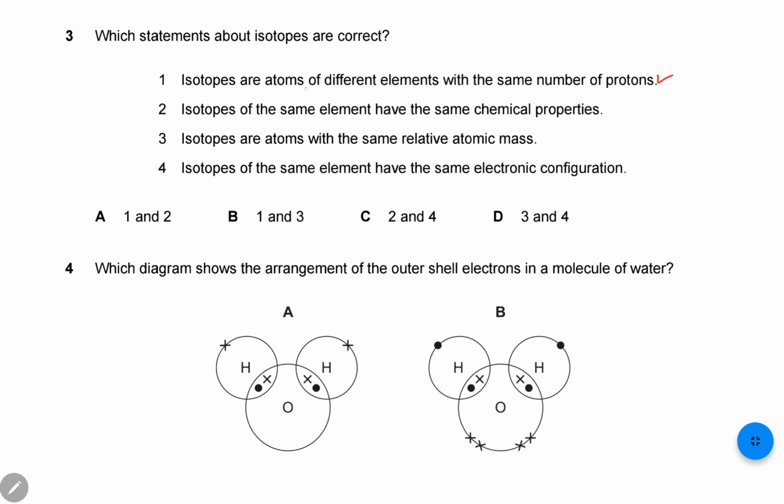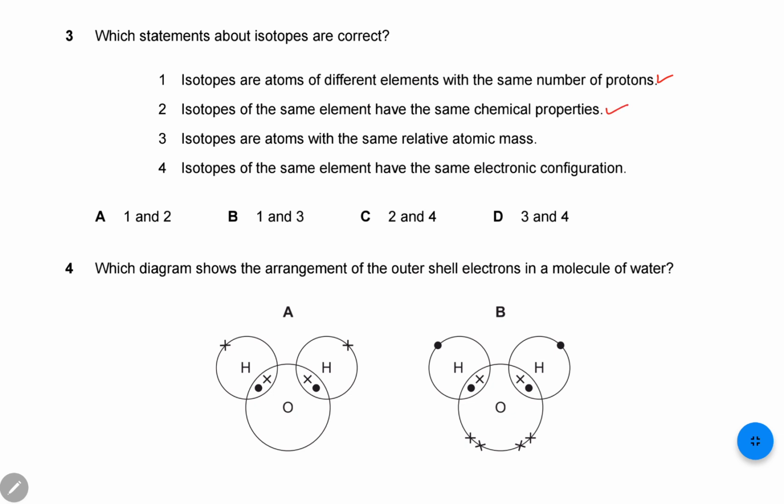Well, isotopes have the same proton number, but they have different neutron numbers and different mass numbers. Number 2, isotopes of the same element have the same chemical properties. Yes.